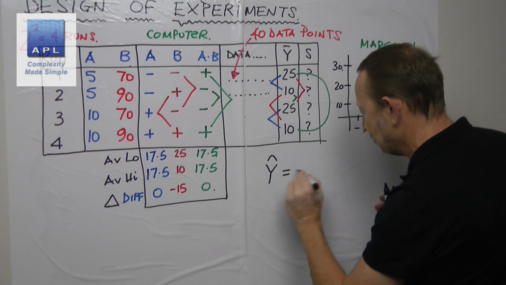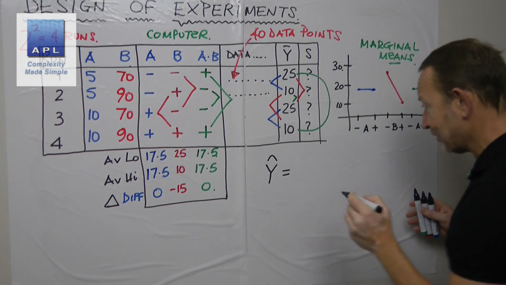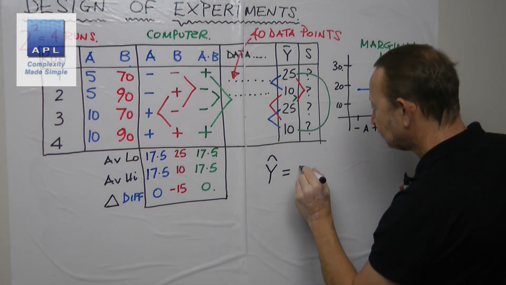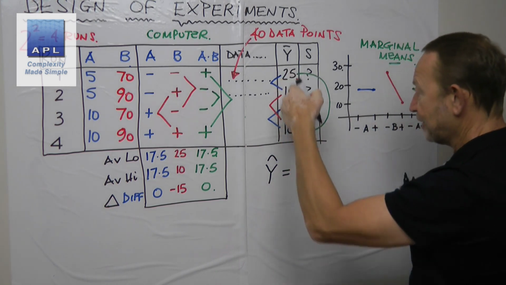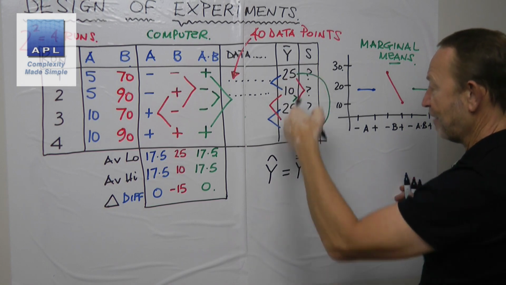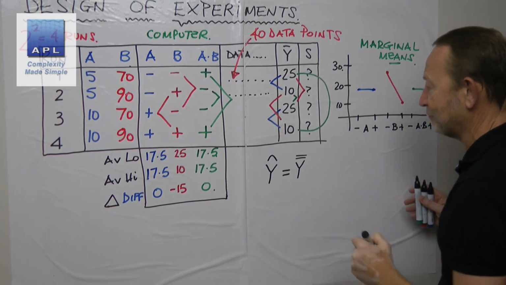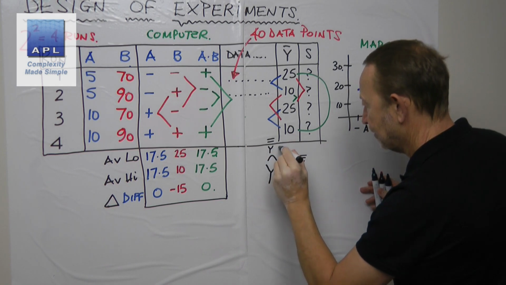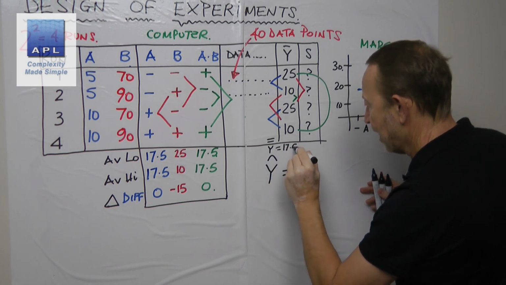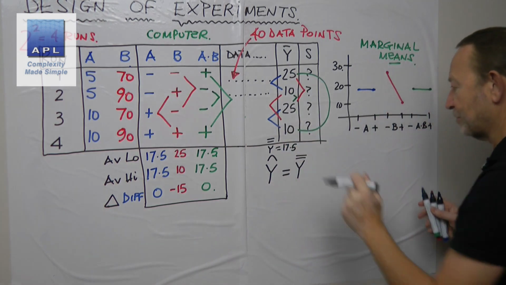The hat just means it's a prediction. Y hat equals the grand mean. That's the average of this lot here. So the average of this lot here is actually 17.5. So I'm just going to squeeze that in there. So the grand mean of that column, 17.5.